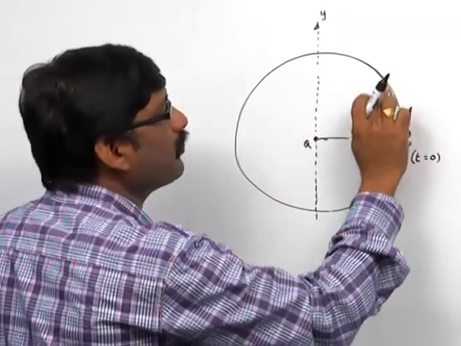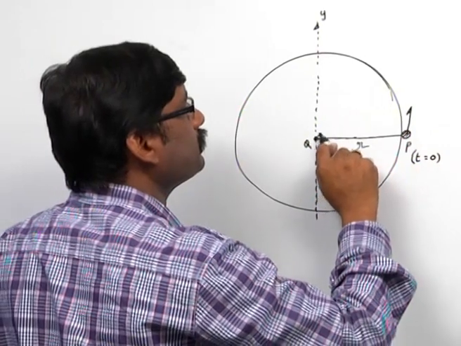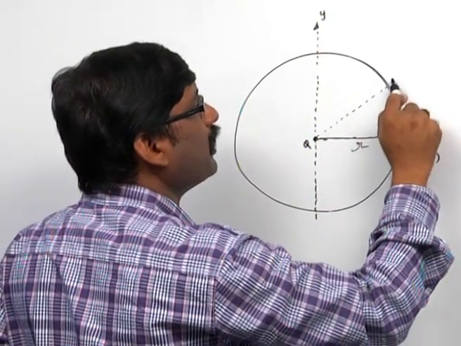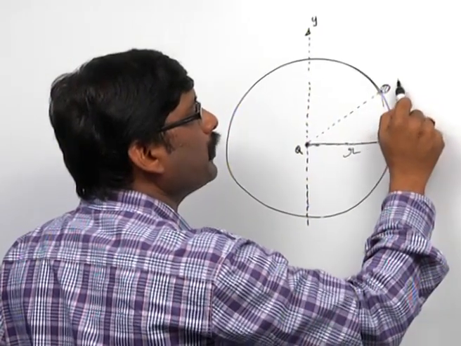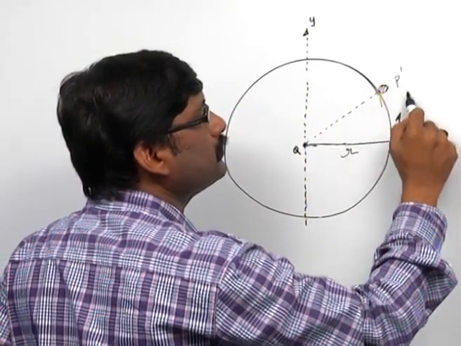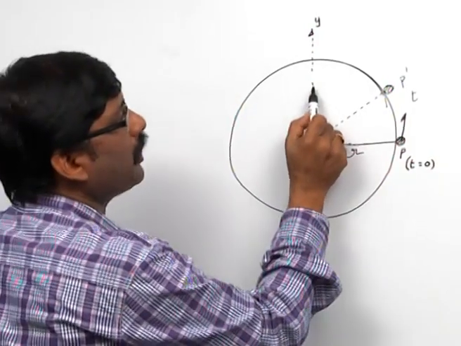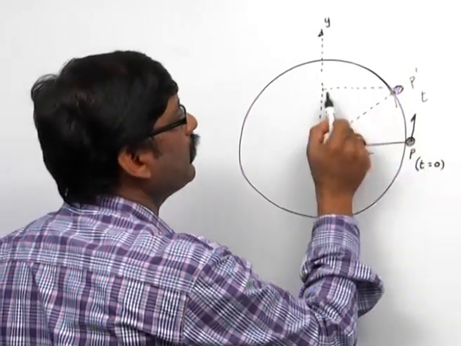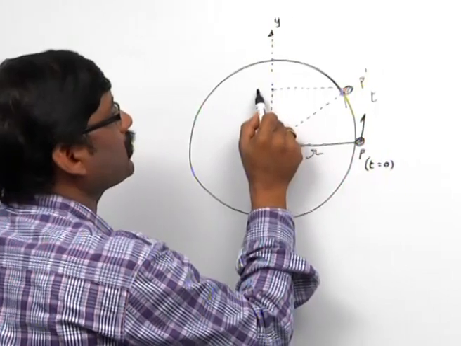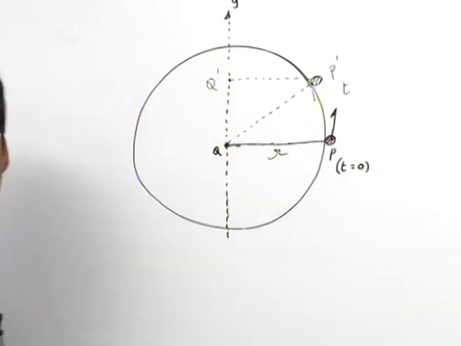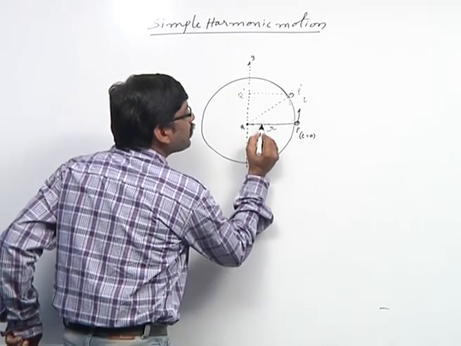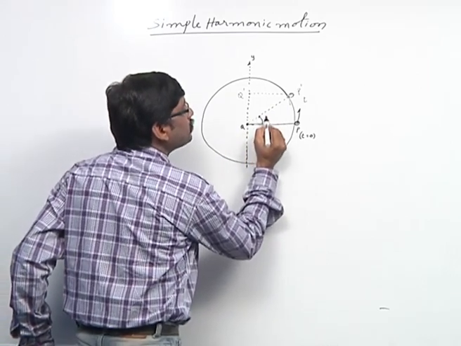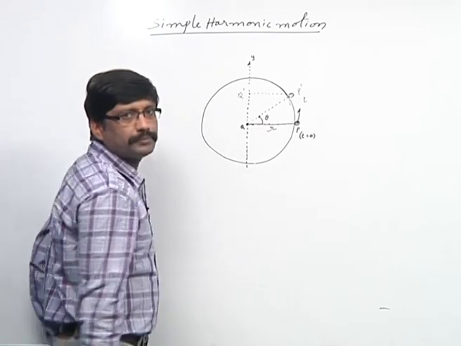After a small interval of time, P has moved to the P dash position. Its projection on the y-axis moved from Q to Q dash. The angle turned by this radius vector is called angular displacement.